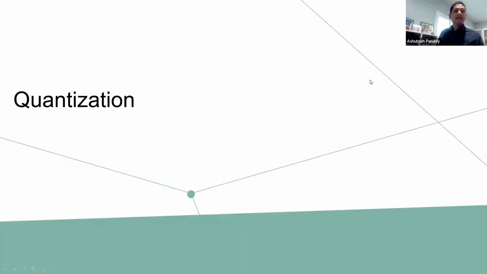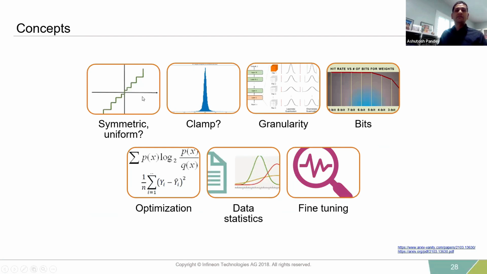Okay, so we have two more topics. In terms of quantization, we have heard quite a bit. This is one of the cornerstones for tinyML, where how these quantizations are implemented so they can be efficiently deployed on an embedded end. And there are a lot of questions that you need to answer, right?